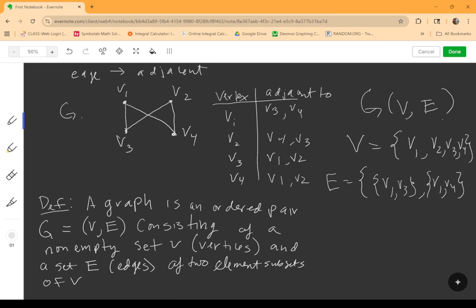Symmetric, so I don't distinguish, and it's a set, so the order doesn't matter. {V1, V3} is the same as {V3, V1}. So I captured that, and then we also have V3 to V2, and lastly V4 to V2.